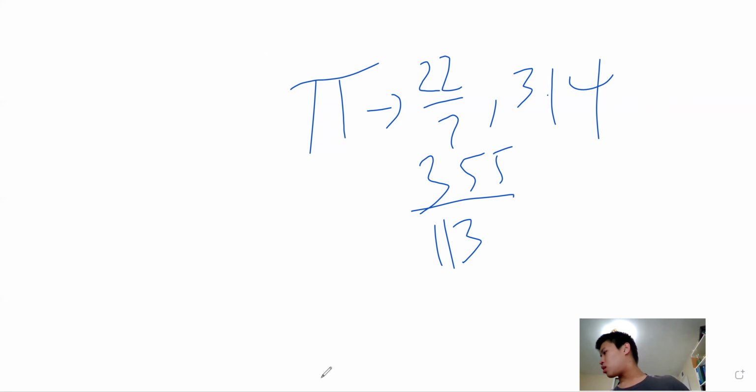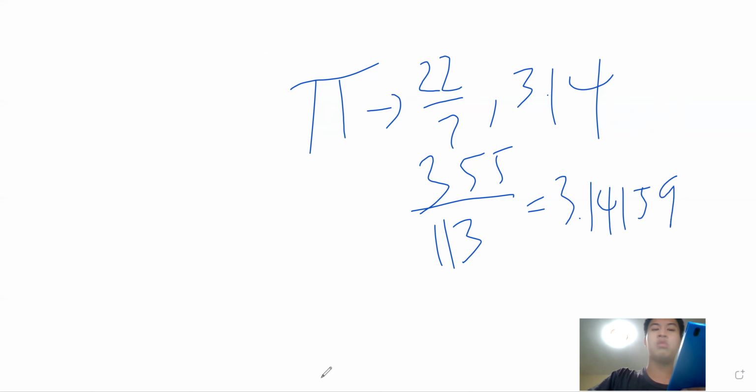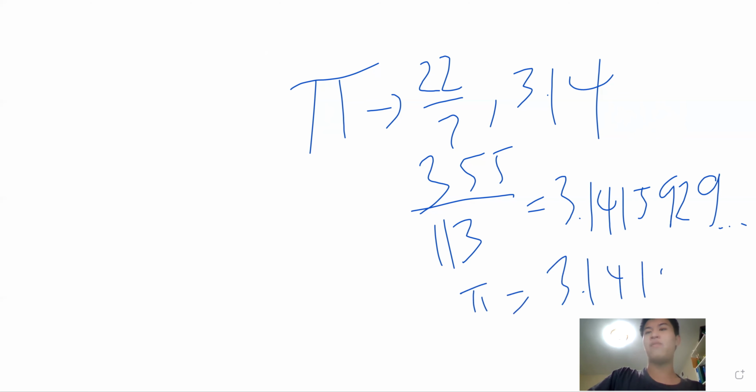If I take out my calculator and calculate that value, 355 divided by 113 equals 3.1415929... Pi is actually equal to 3.14159265358, etc. And so we can see that it's a really good approximation.